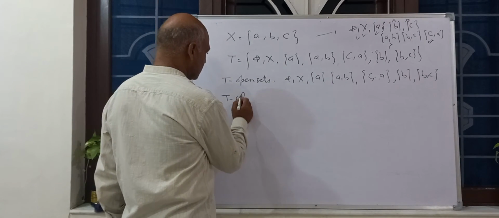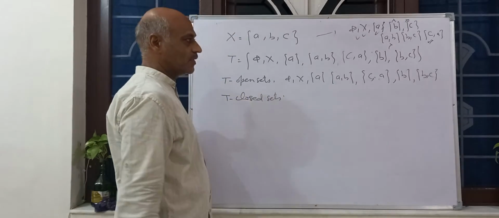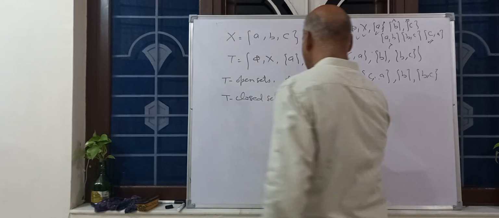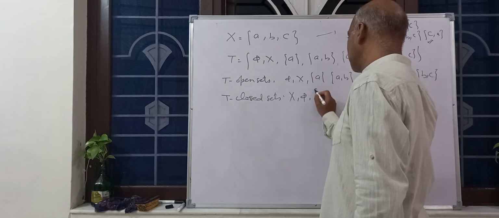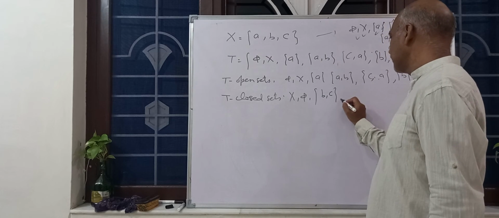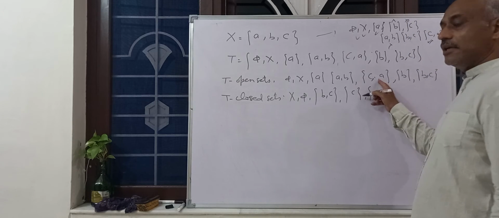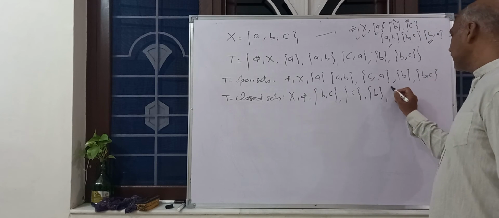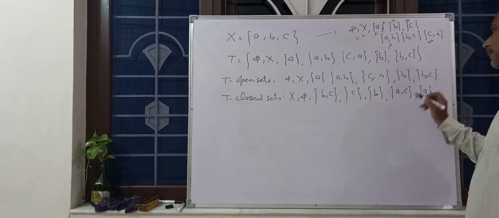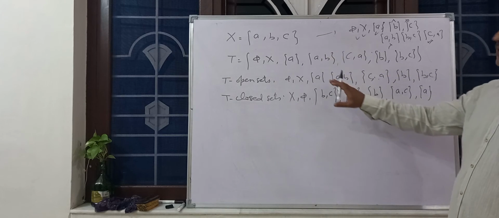Now the T closed sets, the complements: X, phi, BC, C, B, AC, A. These are T closed sets, meaning the complement X minus A.